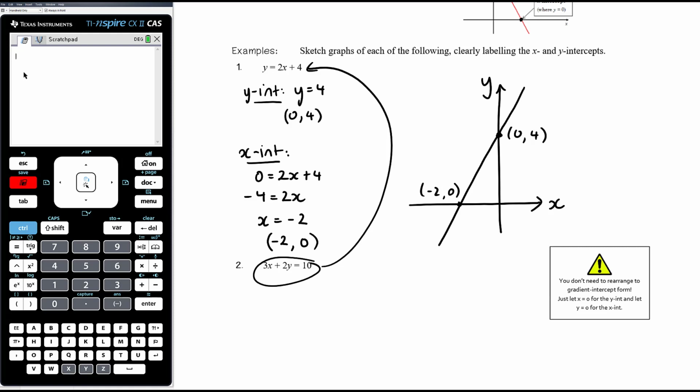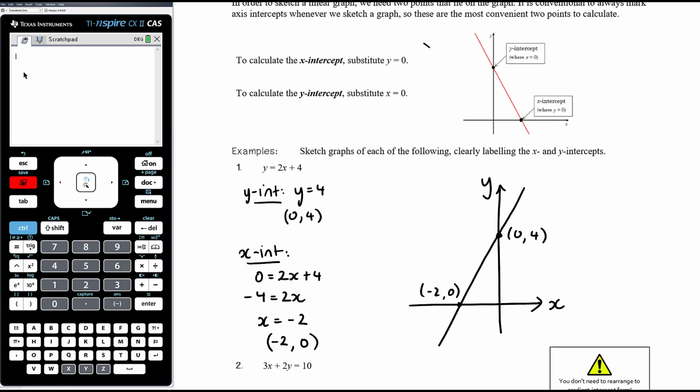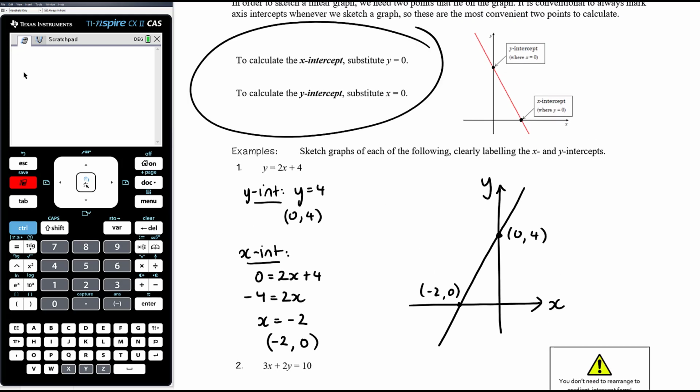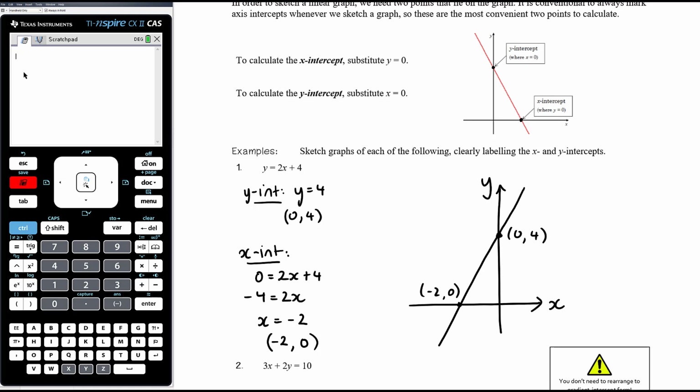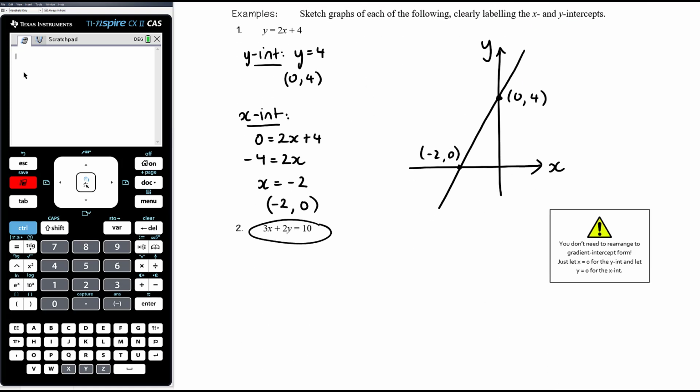Okay. It is completely unnecessary to change to gradient-intercept form because remember, this is all we need to sketch the graph. We let y equals 0 to find the x-intercept, we let x equals 0 to find the y-intercept, and we can do that just as easily leaving the equation in its current form.